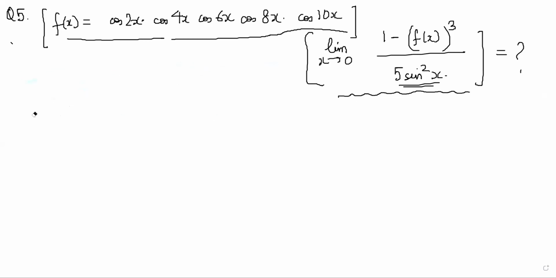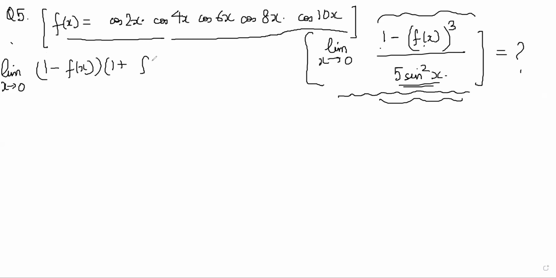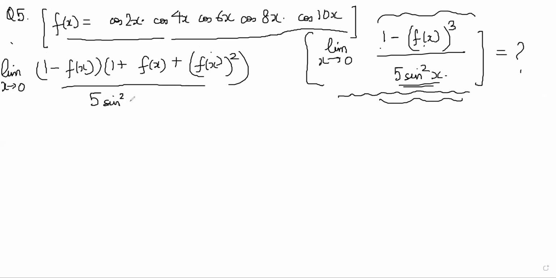So let's see this expression and let's try to simplify that. Limit x tends to 0, a cube minus b cube, no? So (1 minus f(x)) into (1 plus f(x) whole square), by 5 sine square x.